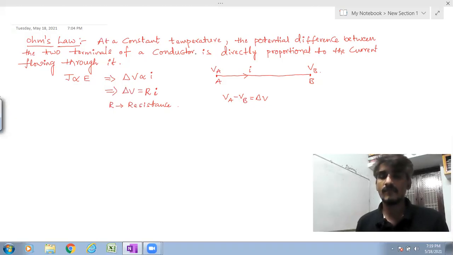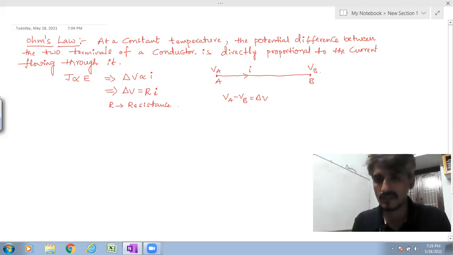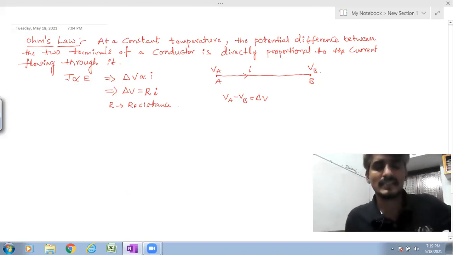That temperature difference is because of the resistance offered by the conductor. That's why we have to say at constant temperature. Only at constant temperature is Ohm's law applicable. If the temperature is not constant, then Ohm's law is not applicable. Understand?